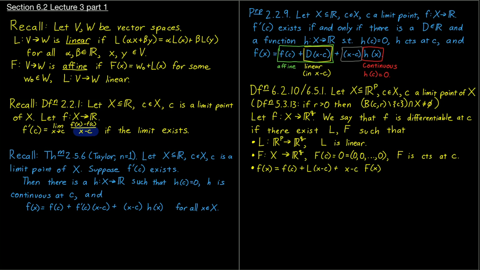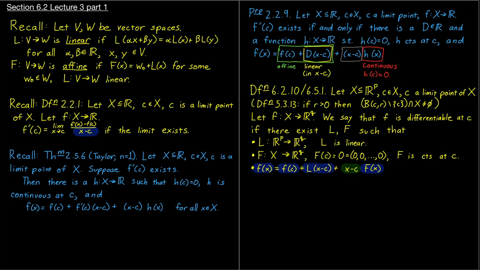But let's think about this for a moment. f of x is in RQ. f of c is also in RQ, because that's the range of f. L of x minus c is in RQ. F of x is in RQ. Okay, all that's great. I don't want to try to multiply an RQ function like F by an RP function like x minus c.